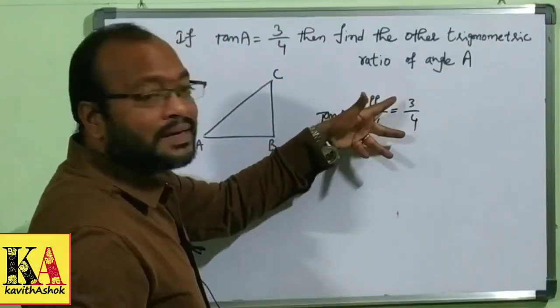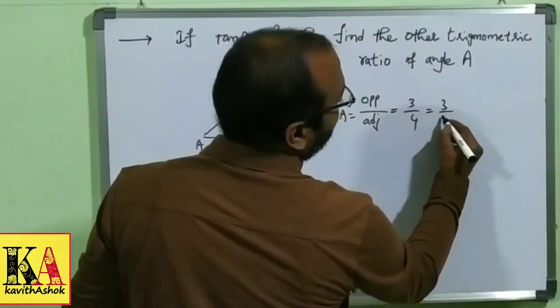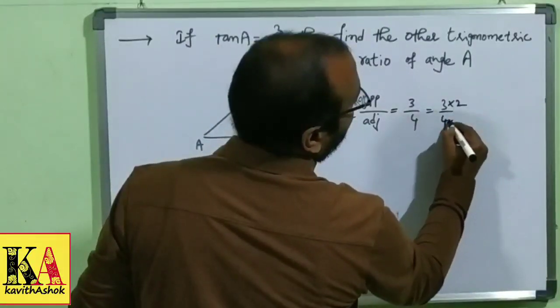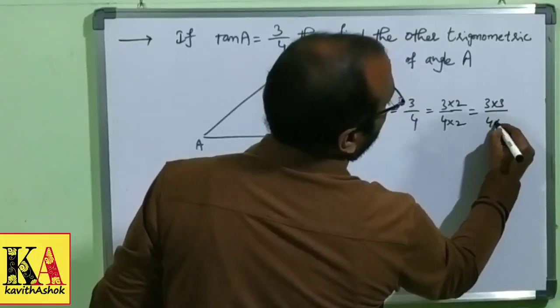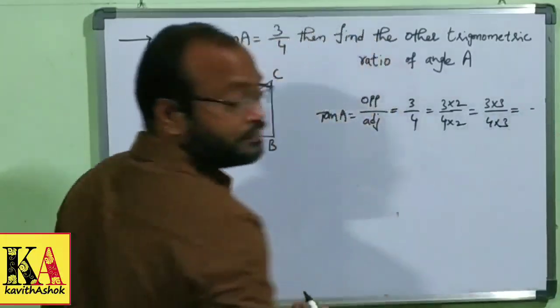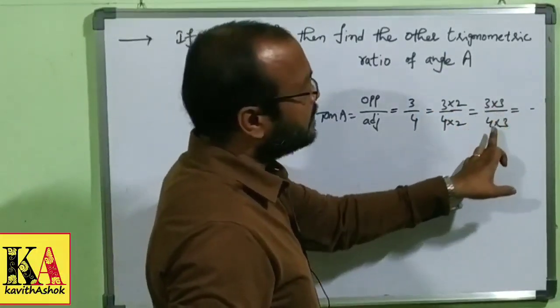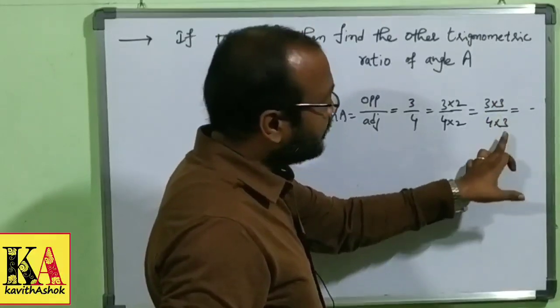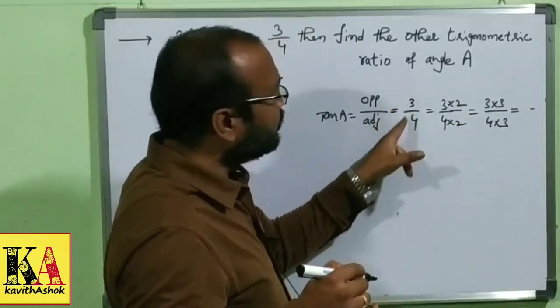This is nothing but the ratio. Look here. If in the place of 3/4, we multiply by 2 into 2, or 3 into 3, then it becomes 6/8, and 9/12. So if it is 9/12 or 6/8, we get the same value 3/4.